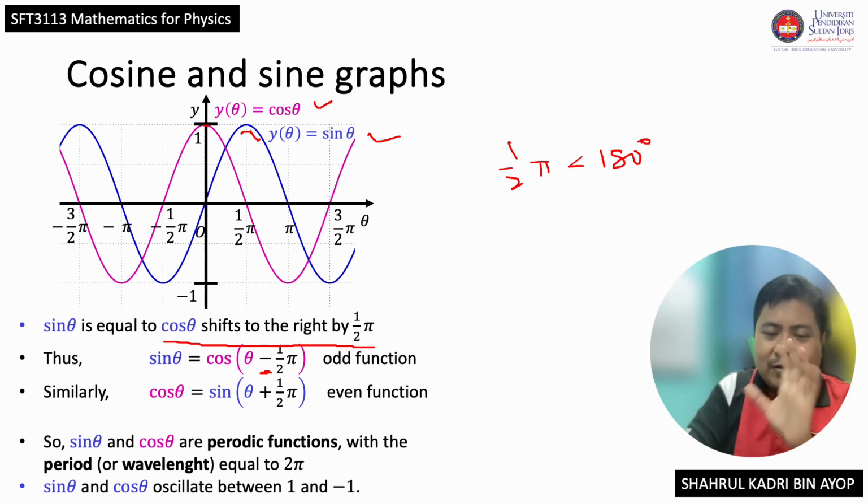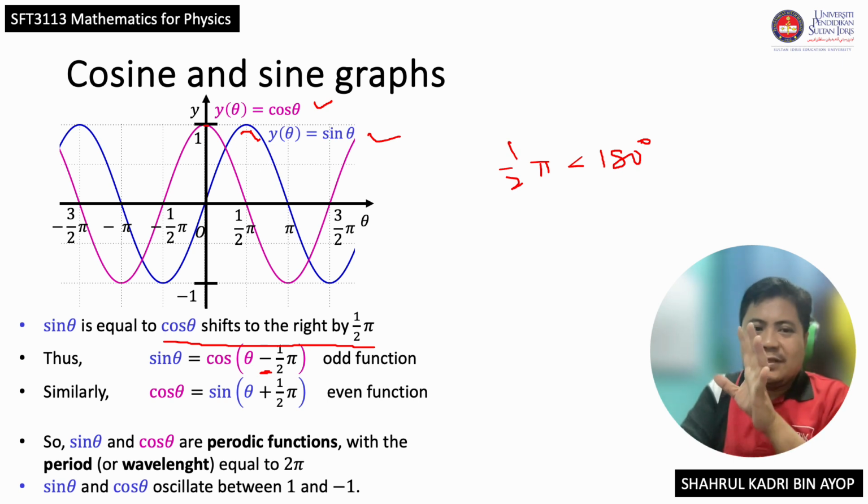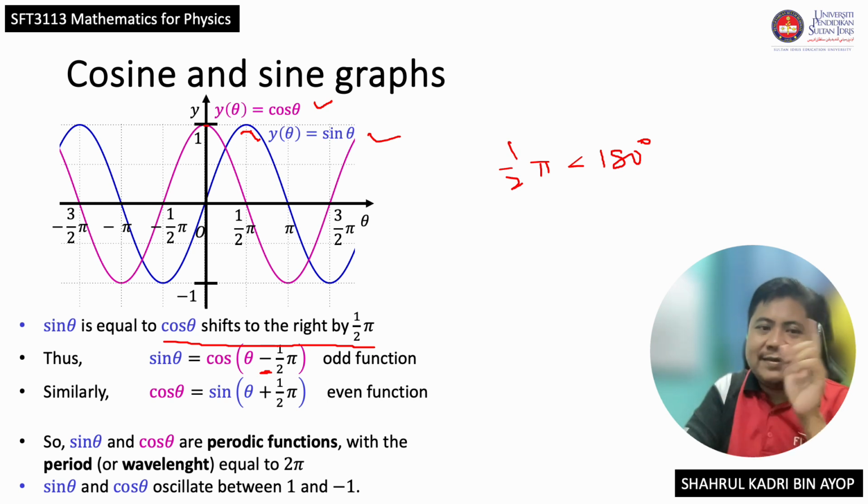So if you have the cos graph and shift it to the right by subtracting half pi, you get sine theta. And sine theta is an odd function.